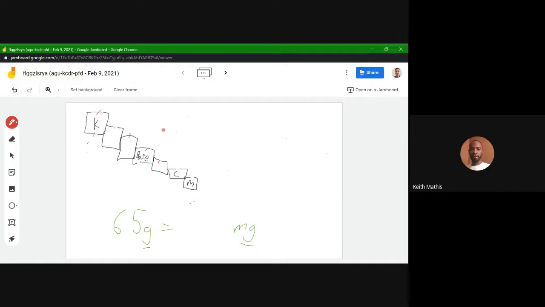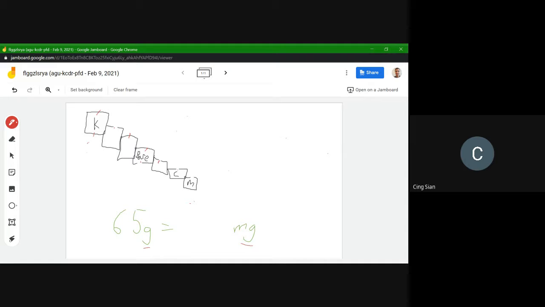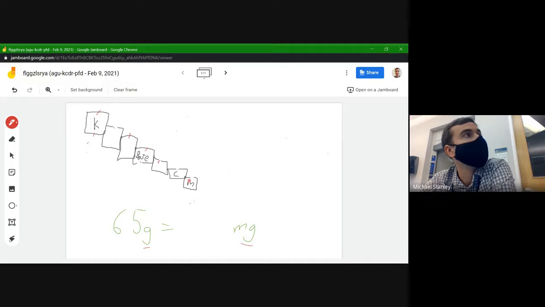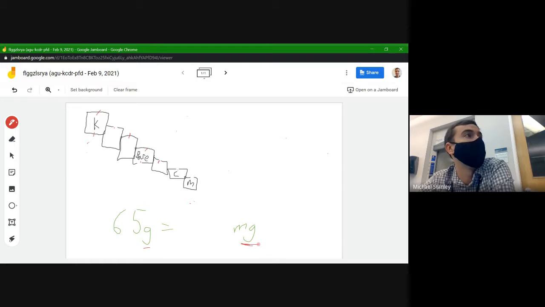With the M? With this M? So is this our starting point or our ending point? No, that's the ending point. Yeah, the milli is what we are ending with.